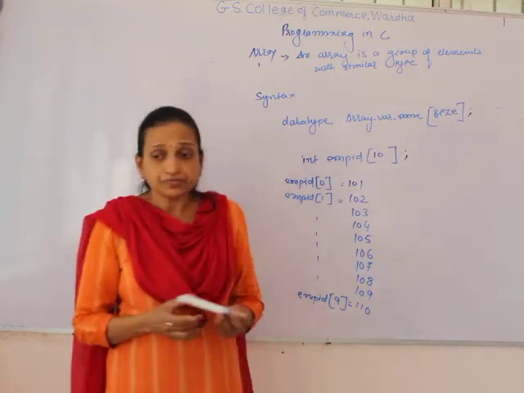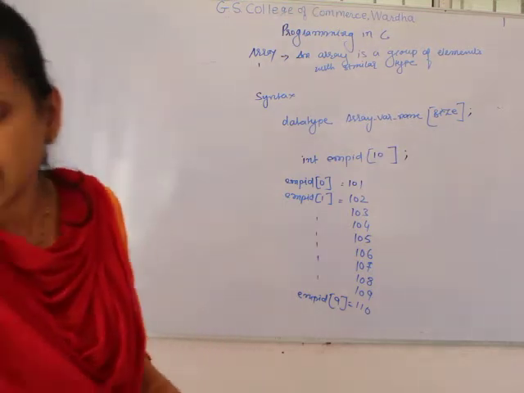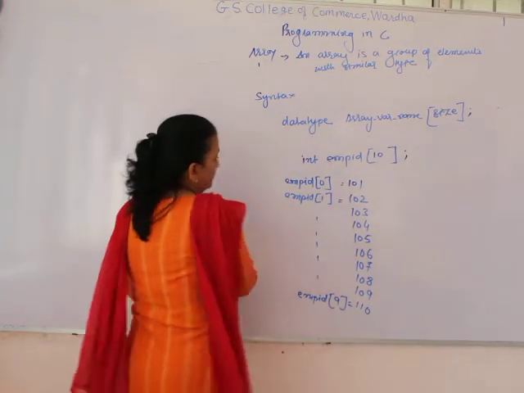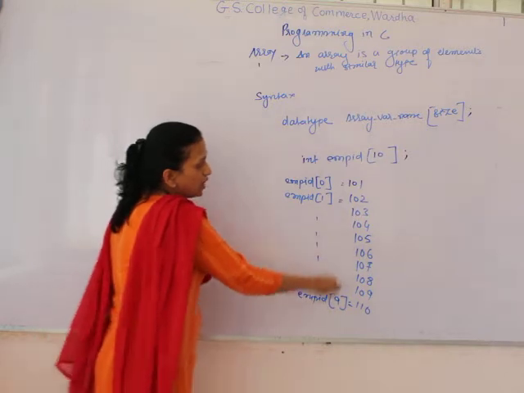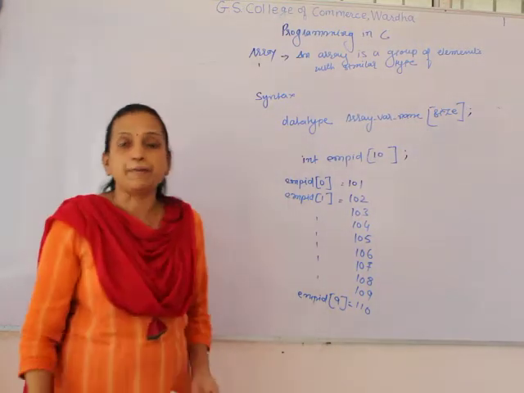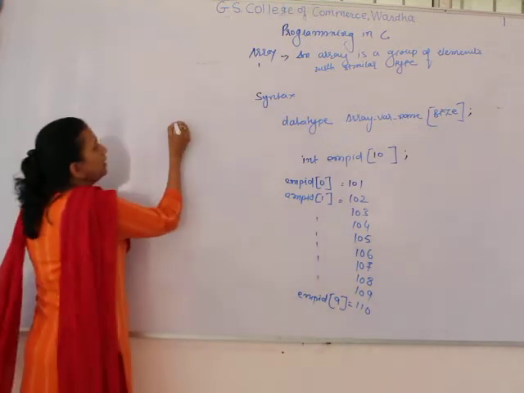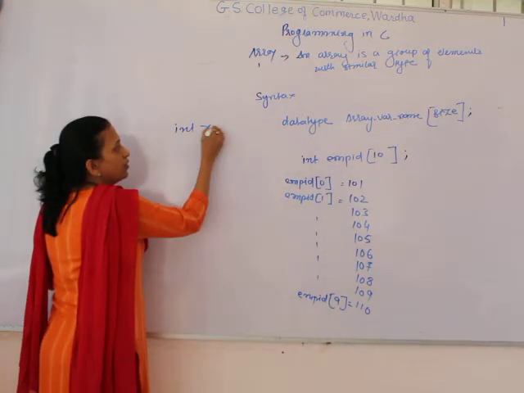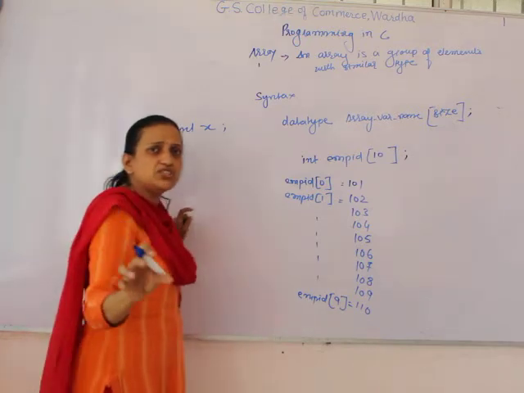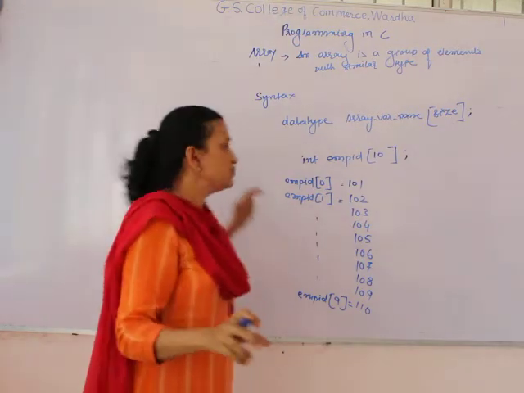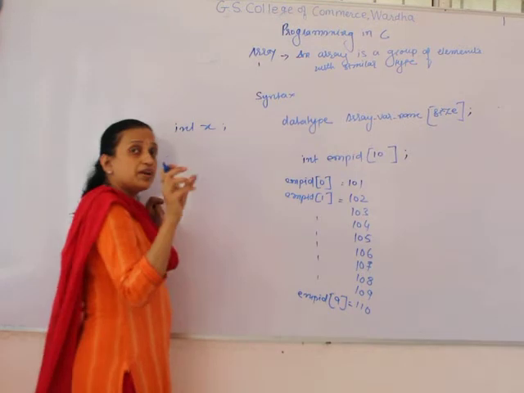Now, how do you access the array variable? When you store these values in this variable, what happens in the memory location? You know that when you declare a single variable int x, some address is assigned to this variable in memory.